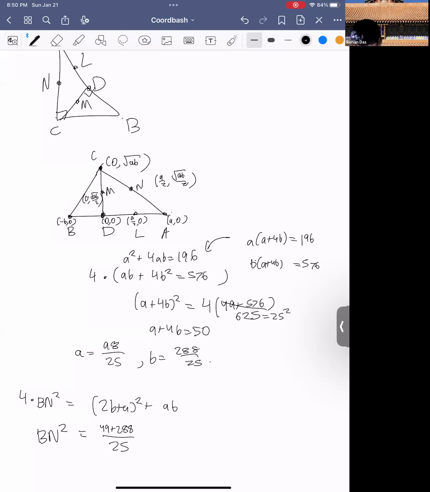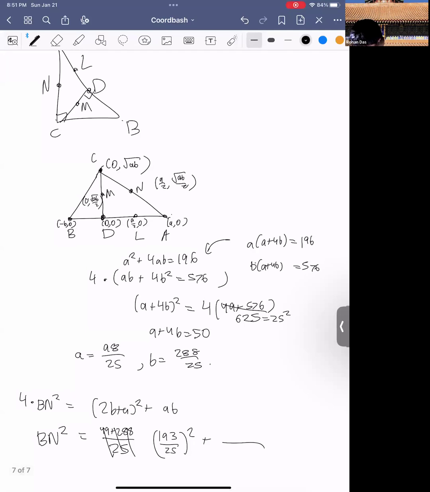Okay, I'm just going to write it as 193 over 25 squared. I don't remember exactly what went wrong here, but that's what I remember getting when I did the bash.